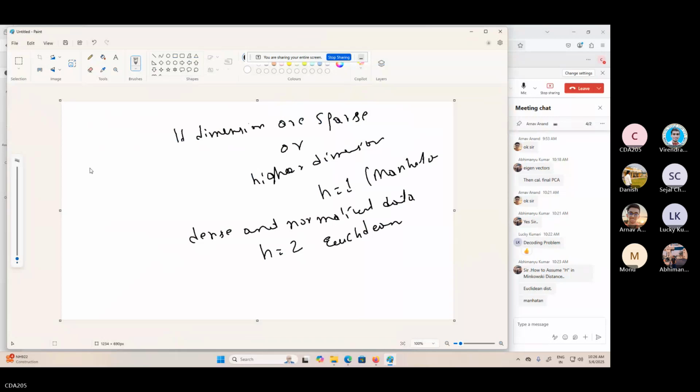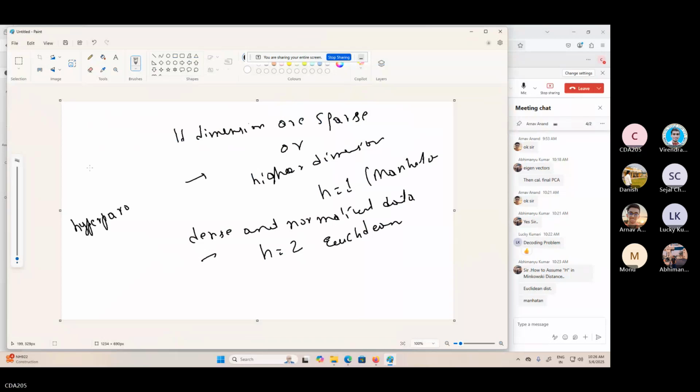So based on the applications, if the dimensions are sparse and in the higher dimension, it is better to take Manhattan. If it is dense or normalized data, we take the Euclidean, h is equal to 2. Or we can also try hyperparameter tuning.